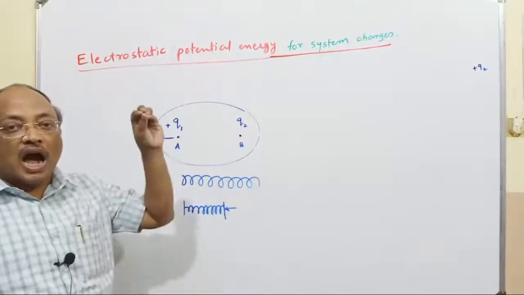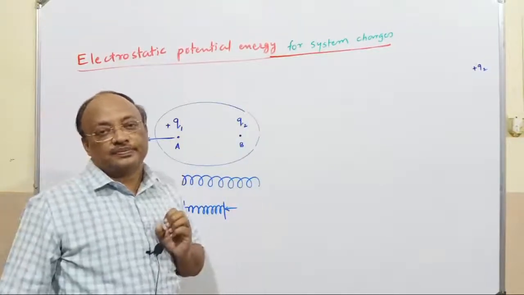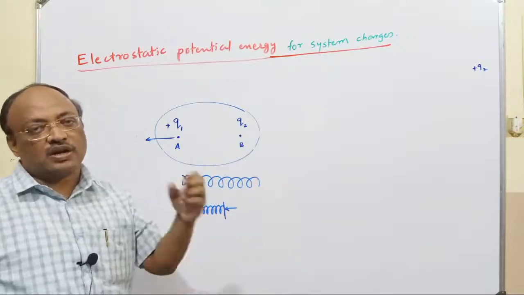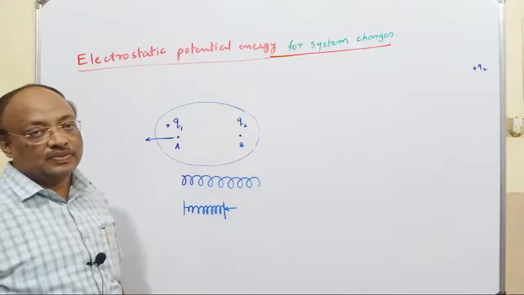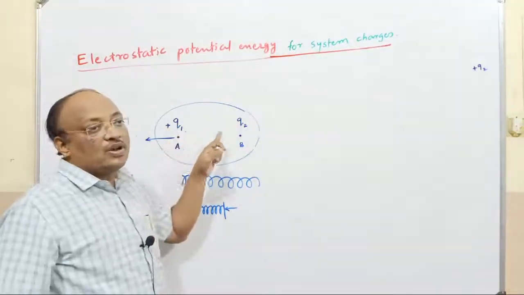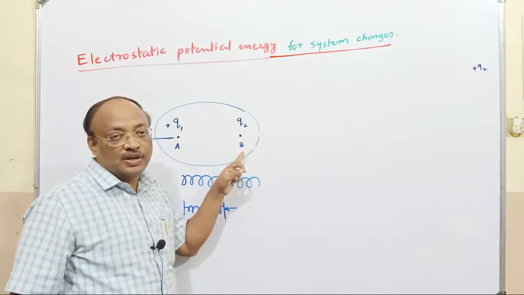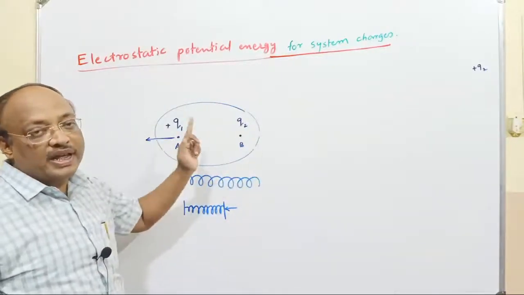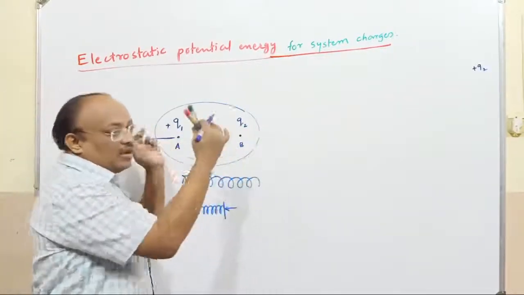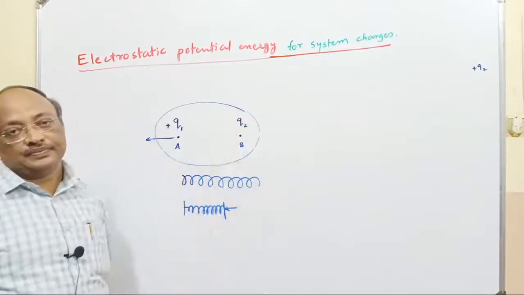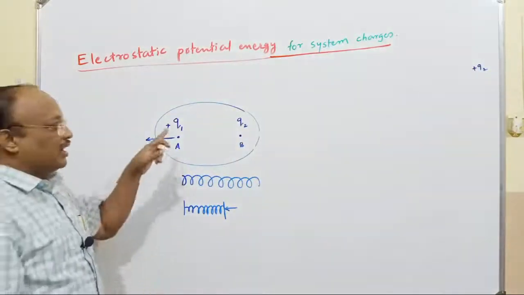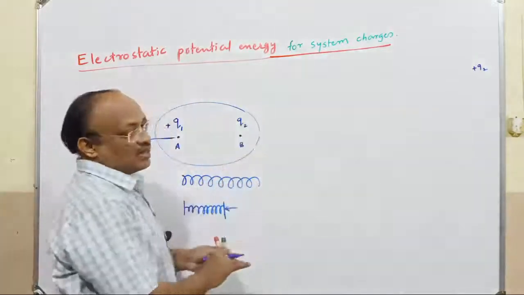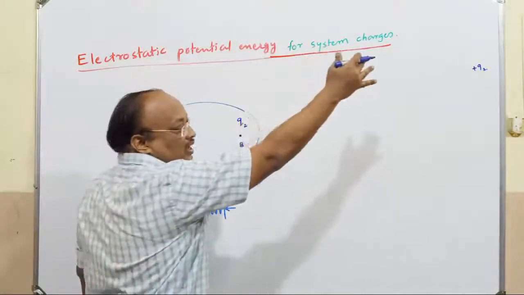It is the amount of work done, in fact external work done, to assemble the charges at the given locations by bringing them in from infinity.